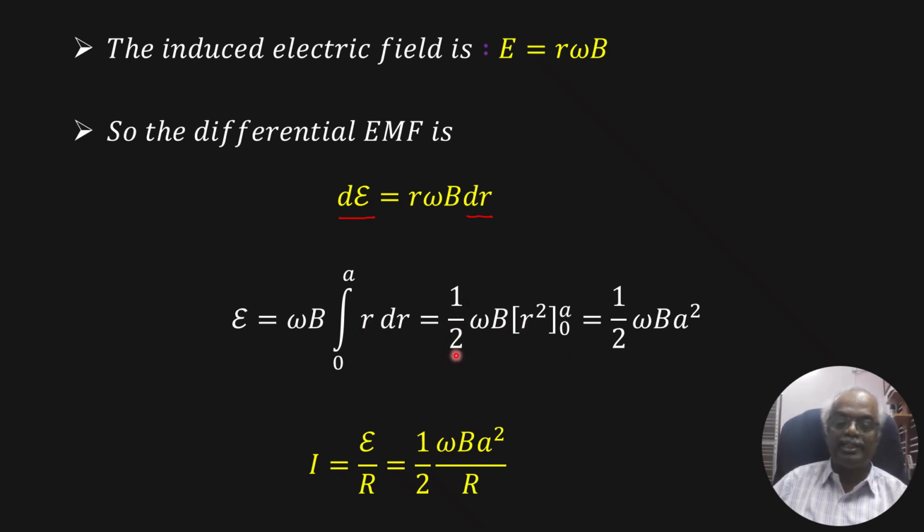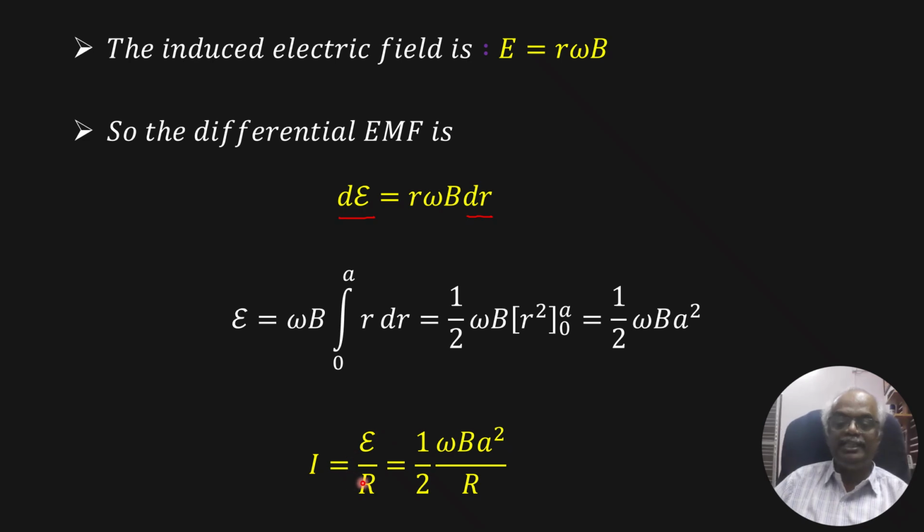I am taking that 1 over 2 outside. Then for r squared, I have to apply the limits 0 to a. The upper limit is a, the lower limit is 0, so don't worry about the lower limit. If you apply the upper limit, you will get half omega B a squared.